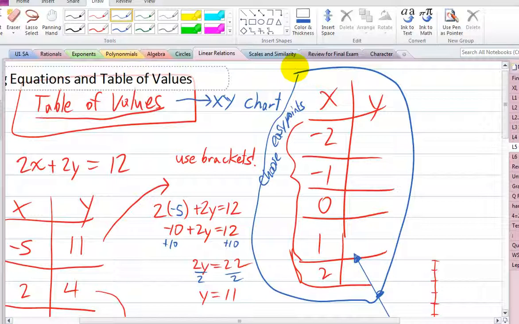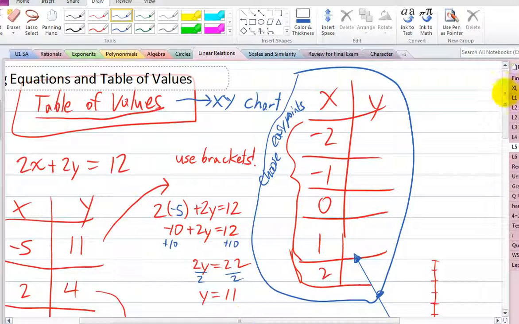Now, if you only want to do a quick little one, you can do 0, 1, 2. But in higher level graphing, like grade 11 and 12, you want to do full positives and negatives, so you can get an idea of what the graph line should look like, because of course you have U's and C's and all this other stuff. Any questions? Okay, just finish copying that chart down to know to use those points.